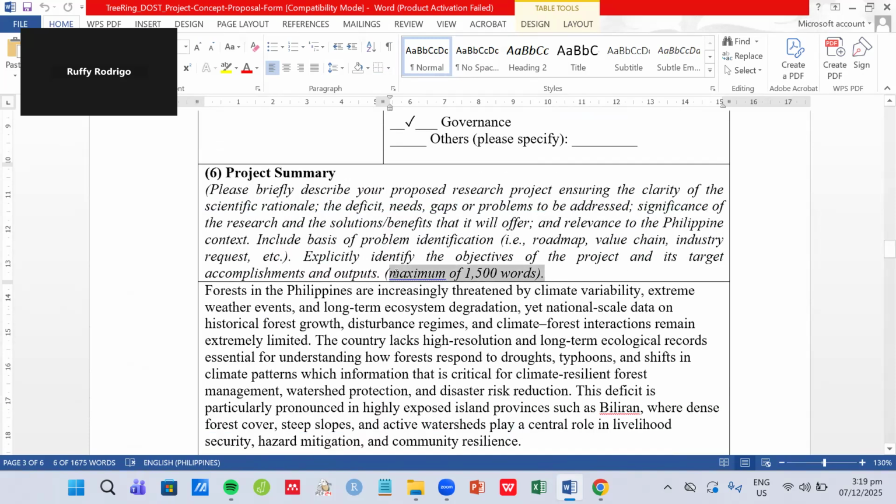You really have to be strict in terms of this because it says a maximum of 1,500 words. The project summary briefly describes your proposed research project, ensuring clarity of the scientific rationale, the deficit, the needs, and the gaps of the problem. Imagine that you have to put everything into one frame of 1,500 words.